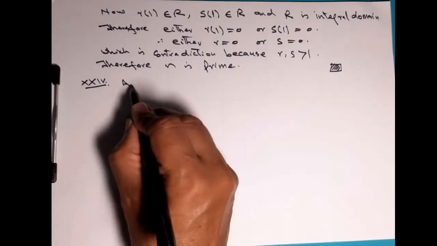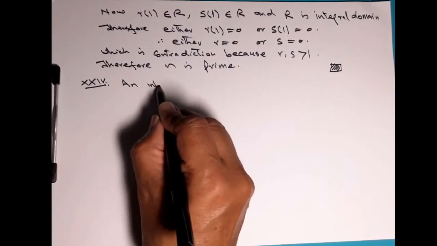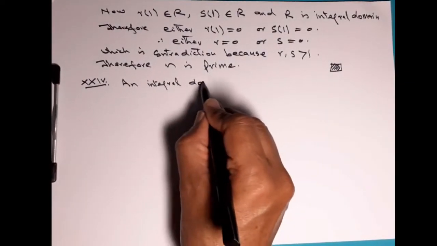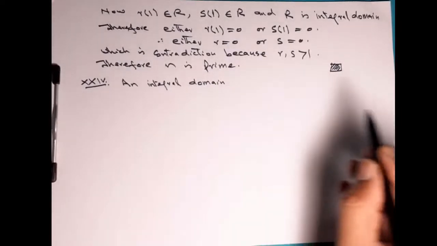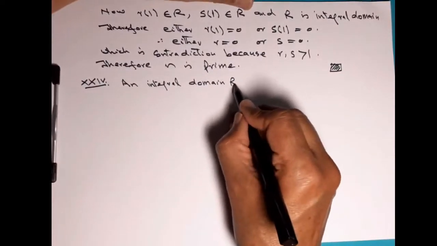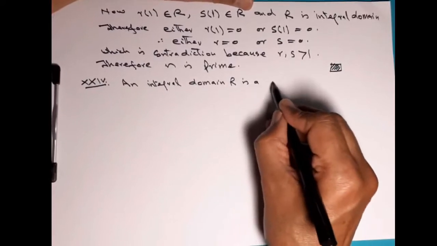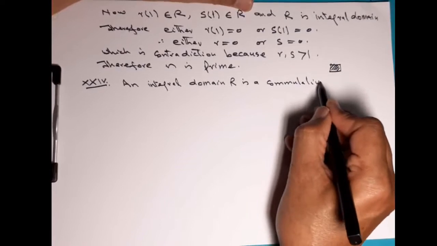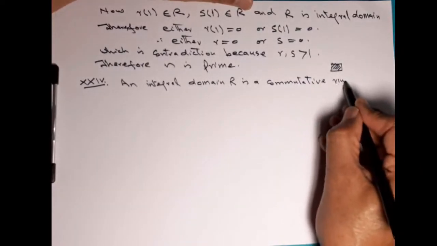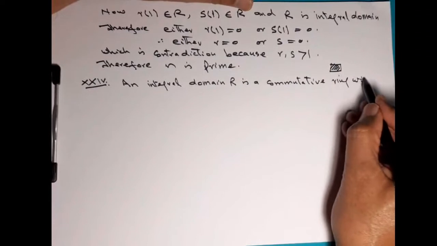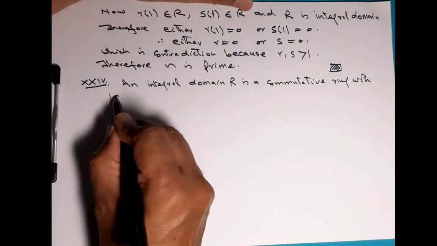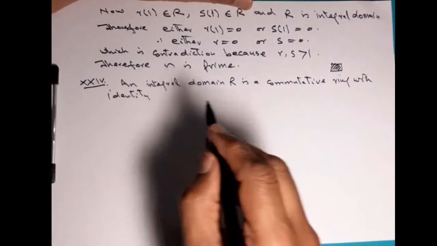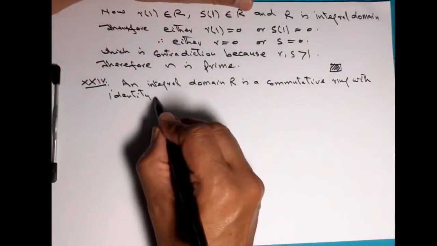An integral domain R is a commutative ring with identity which does not contain zero divisors.